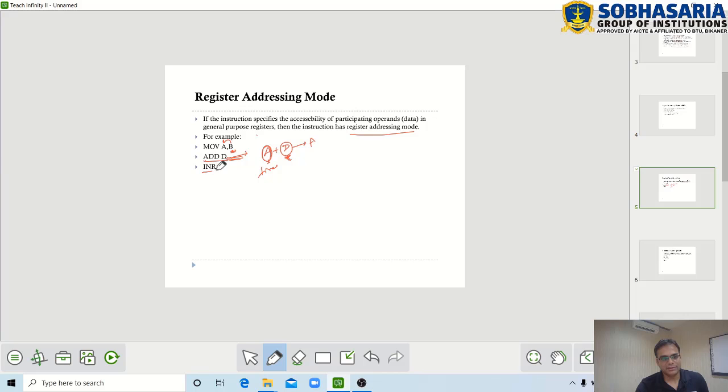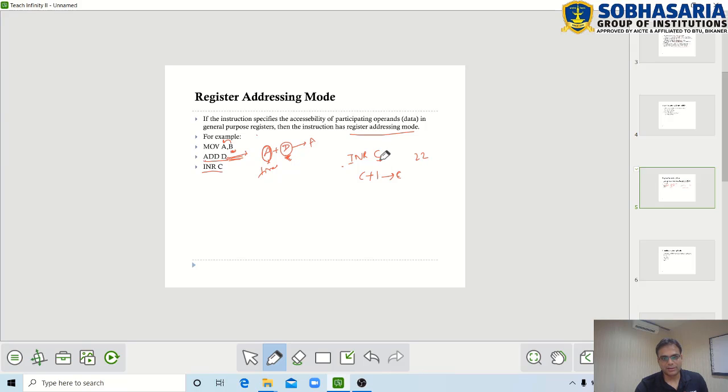So if this data exists in a register, again the mode of this instruction is register addressing mode. Here in this example, INR C, which is an increment instruction, will perform the operation C plus 1, and the result goes to C itself. Suppose C has 21. After executing this instruction, the data available in C will become 22, right? It will be incremented by 1.